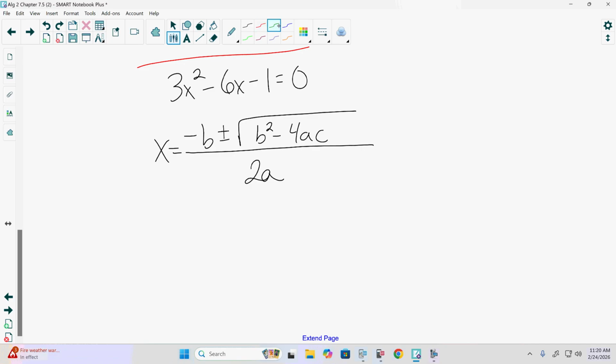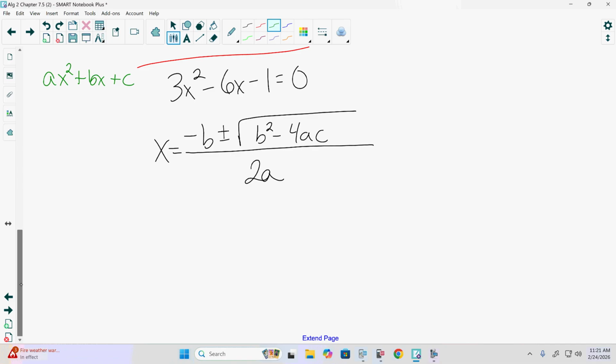I thought we could just factor, we could try, but unfortunately the factors of the first and third term aren't going to work together to give us 6. So we're going to have to use the quadratic formula to get there.